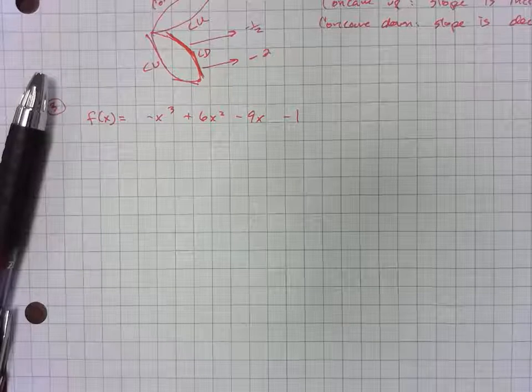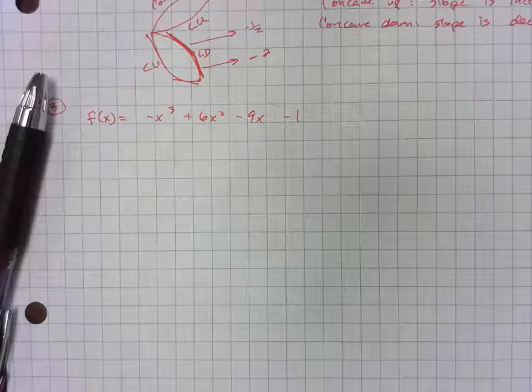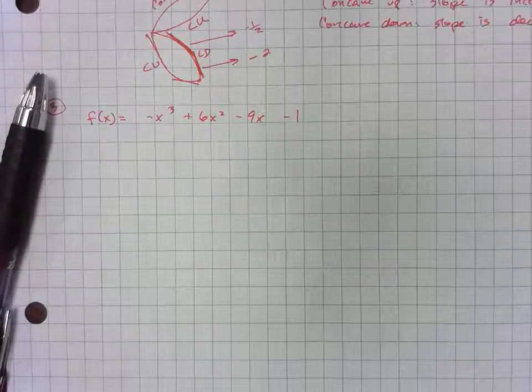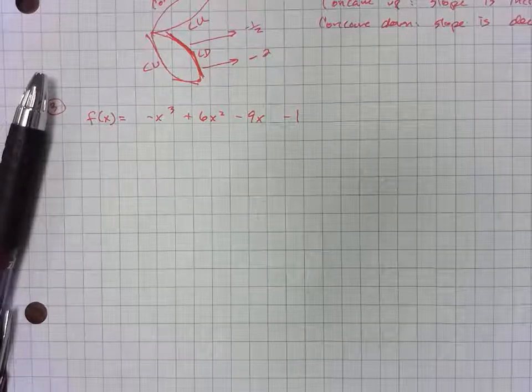So looking at this graph, right now the slope is increasing because it's a really steep negative here, and then it's changing to a positive.